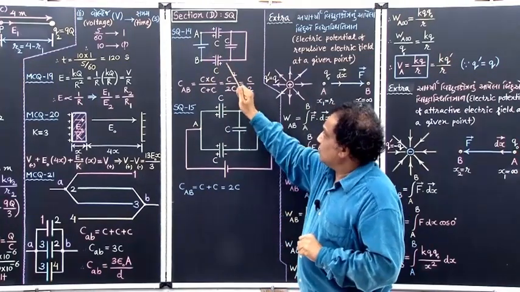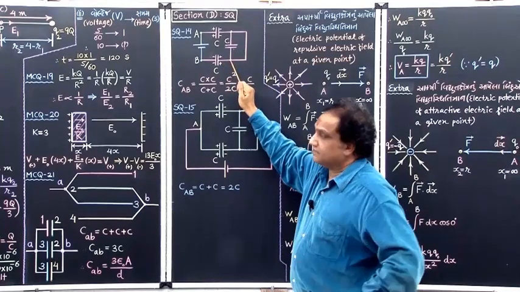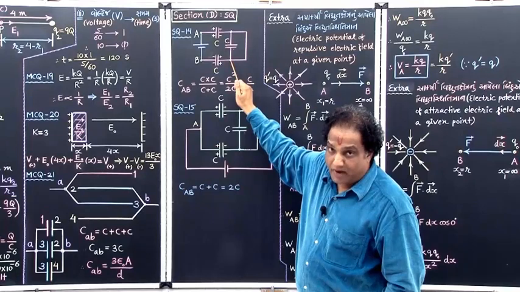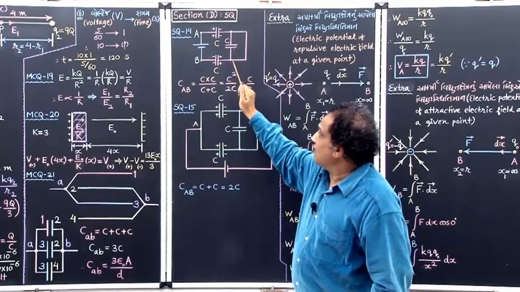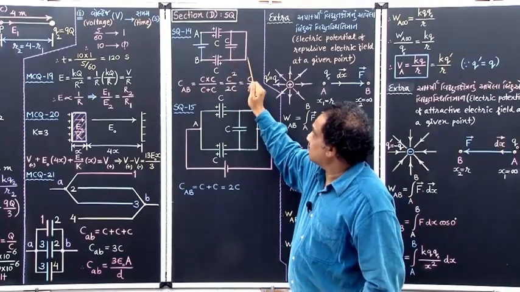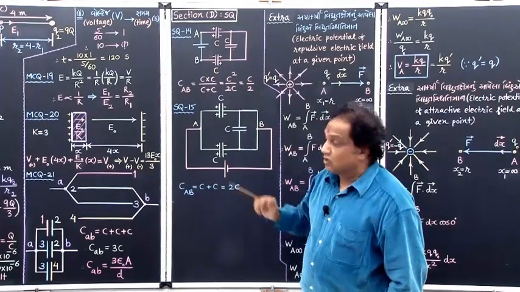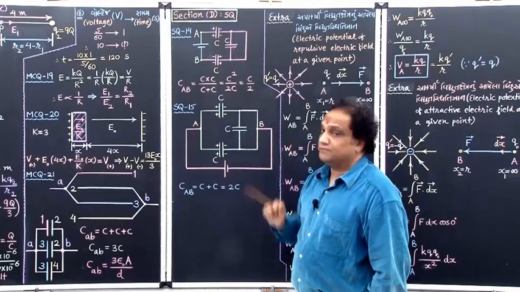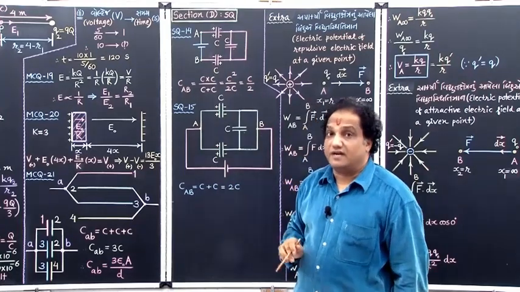But now those electrons will come here, and then they are offered two branches, two paths. Which two paths? One is this path, another is this path. If electrons try to flow here, because of this gap they are offered infinite resistance.